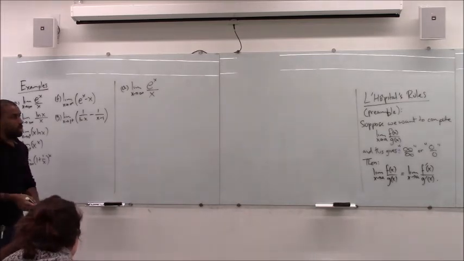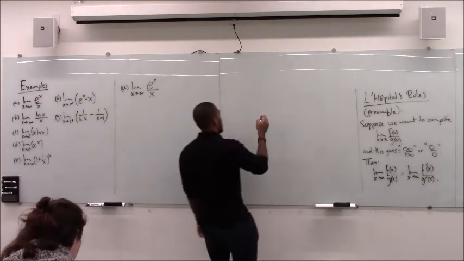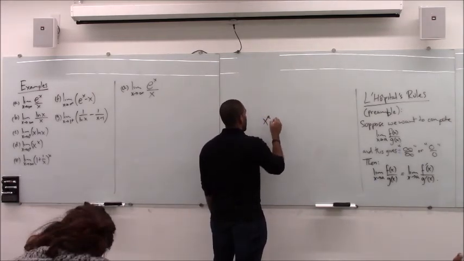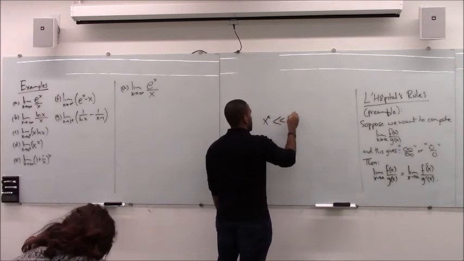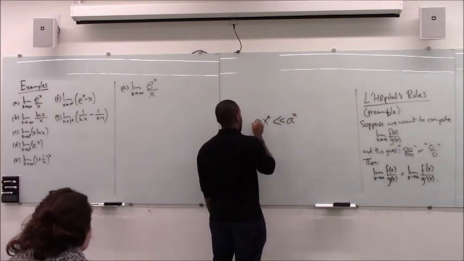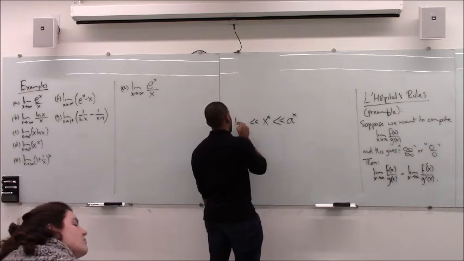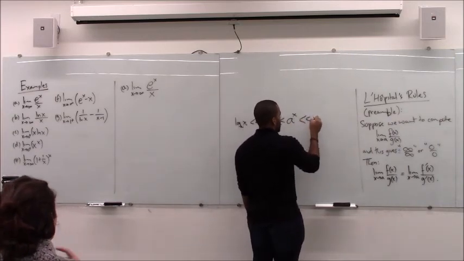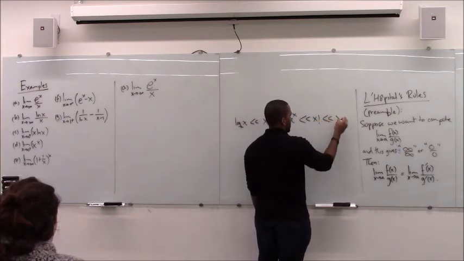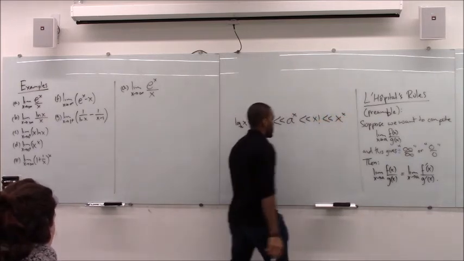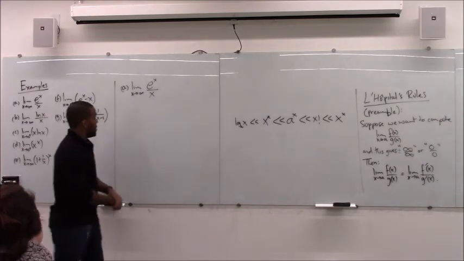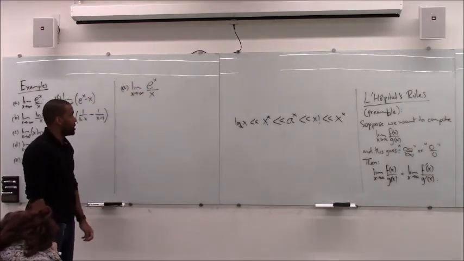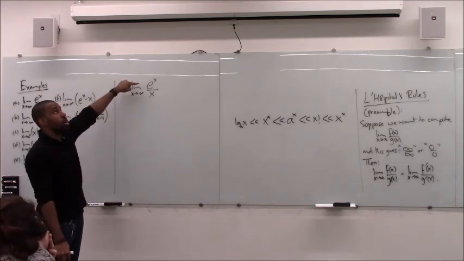Right, so we looked at some ideas before that if I have, say, a polynomial, an exponential is going to be much bigger than that, and the logarithm is going to be much smaller than that. And beyond that, you're going to have an x factorial, which we're not going to talk about, and then something like x to the x. So exponentials get much bigger than polynomials when you're going off to infinity, which means the top is much bigger than the bottom.